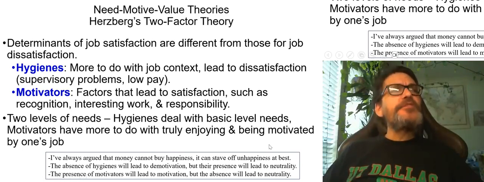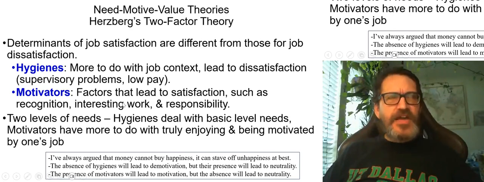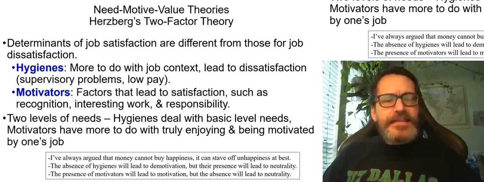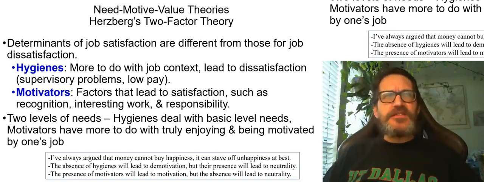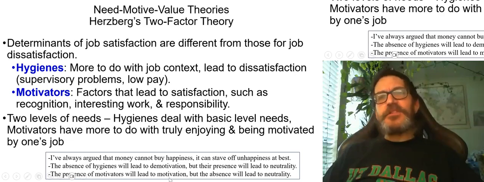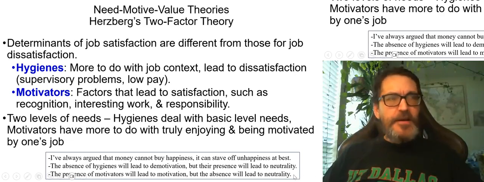Those lead to neutral. But if you move higher up on Maslow's hierarchy and talk about motivators, those are things that lead to job satisfaction, like employee recognition, work that intrigues me, things of this nature. The presence of motivators will lead to motivation, but their absence will be neutral.